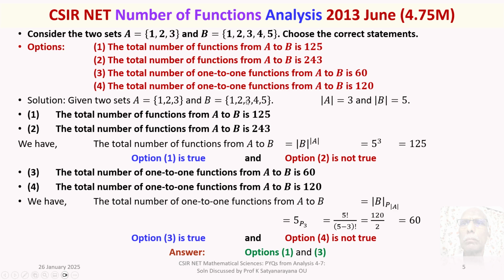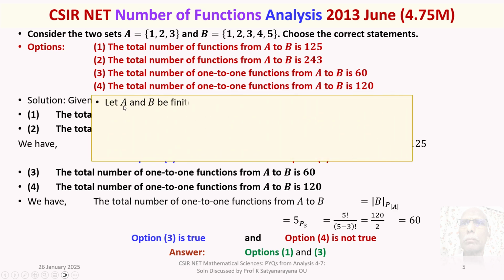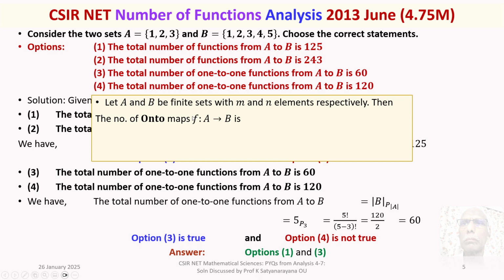By the by, we have come up to the level of number of functions and number of one-to-one functions. Suppose we ask for the same question, the number of onto functions. Let A and B be finite sets with M and N elements respectively. Then the number of onto functions f from A to B is given by the formula sigma k is equal to 0 to n minus 1 of minus 1 to the power of k into n minus k to the power of m into nCk, where n less than or equal to m.